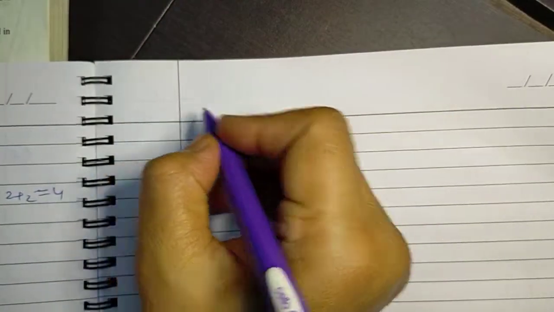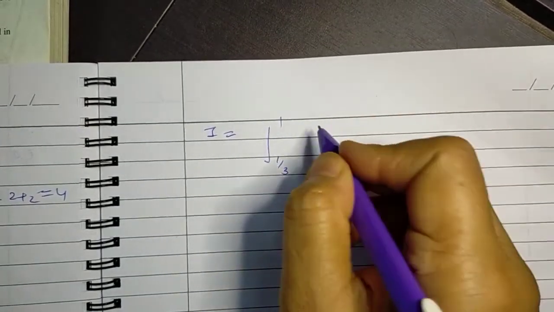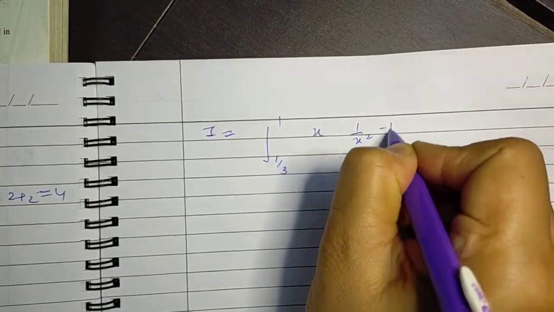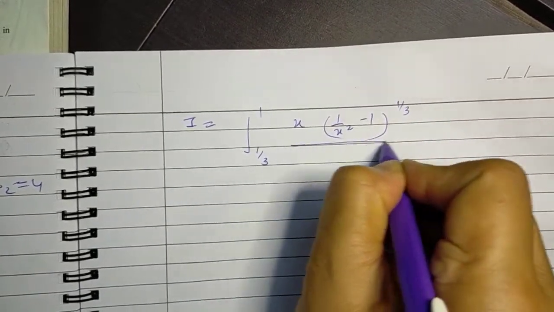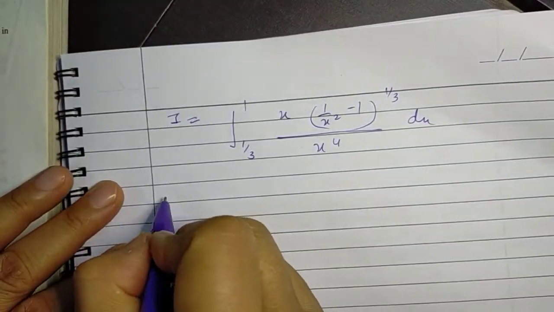So what we get is I is equal to the integral from 1 by 3 to 1 of x into 1 upon x squared minus 1, whole raised to the power of 1 by 3, whole upon x raised to the power 4 into dx. Then we deal with it like a regular question.